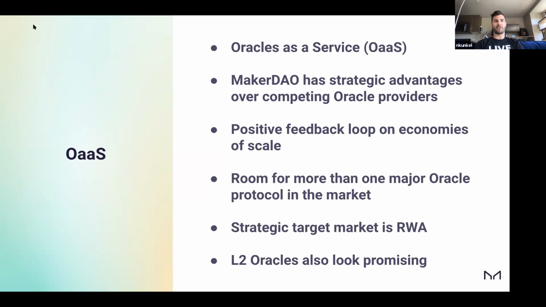The other thing I want to mention is that there's really room for more than one single Oracle protocol. I don't think this is going to be some kind of winner-takes-all market. I think there is a maturity process that DeFi is currently undergoing and will continue to go through over the years.